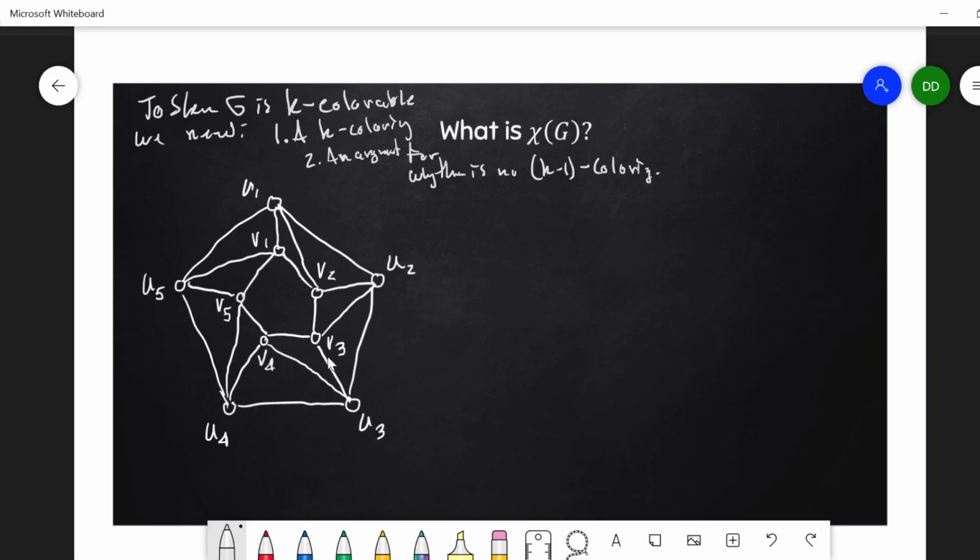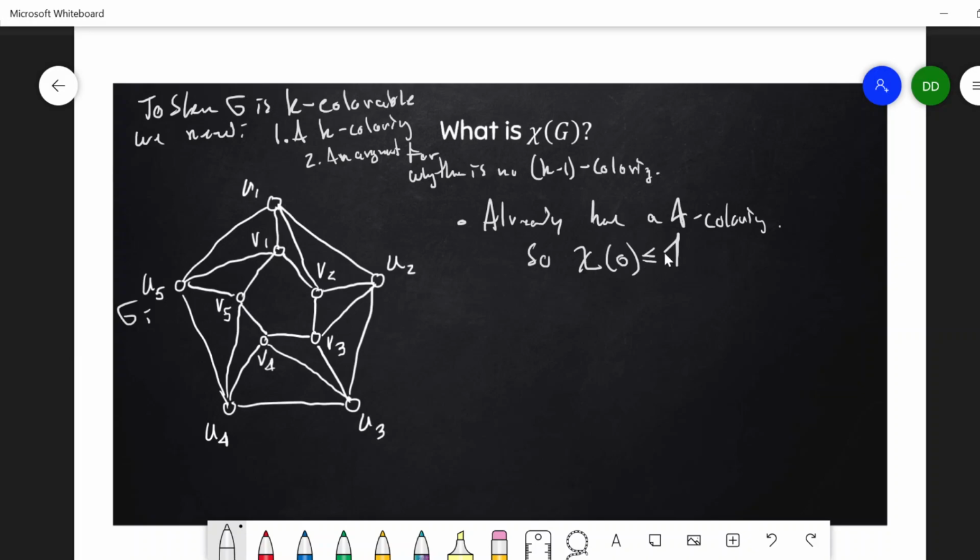That's the idea. Okay, so here we did pretty well, right? Remember, we were able to do this in four colors. And let's see, can we do better? For this graph G, we already have a 4-coloring. That was the previous example we did. So this gives us the upper bound.